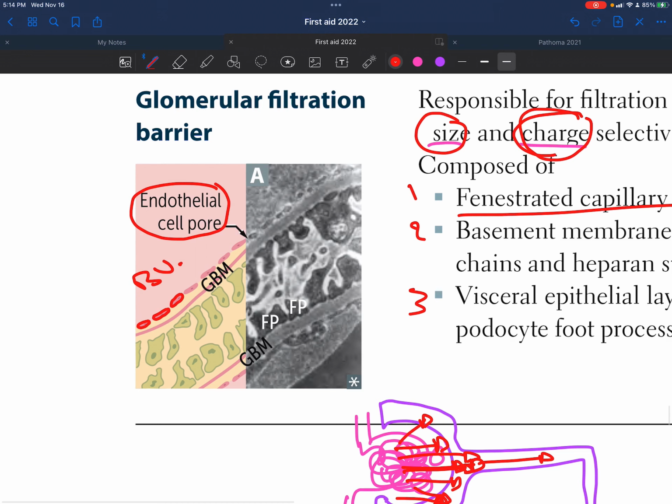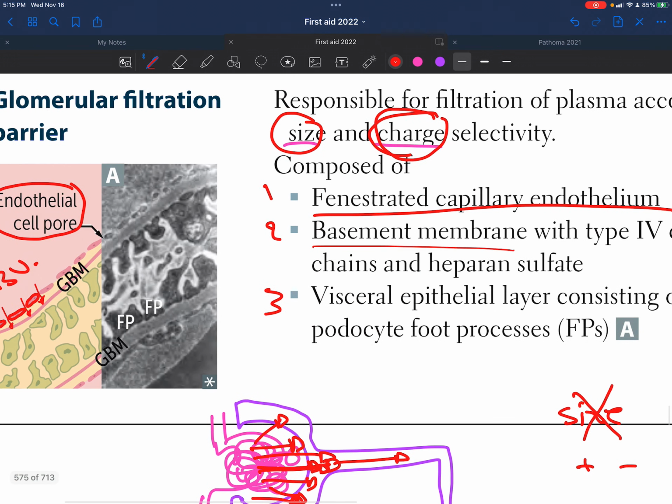The blood within this vessel can flow into the Bowman capsule through the fenestrations between the endothelial cells. So this is barrier number one.